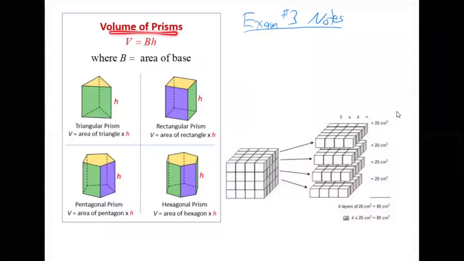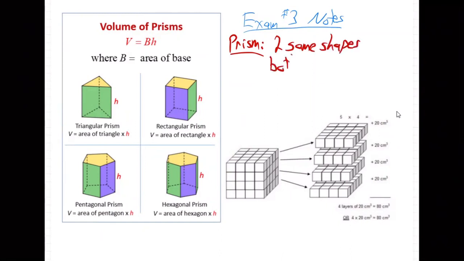So, volume of prisms. Now, first off, what is a prism? Let's talk about that for just a second. A prism has two of the same shapes on the bottom and top. Those are called the bases.